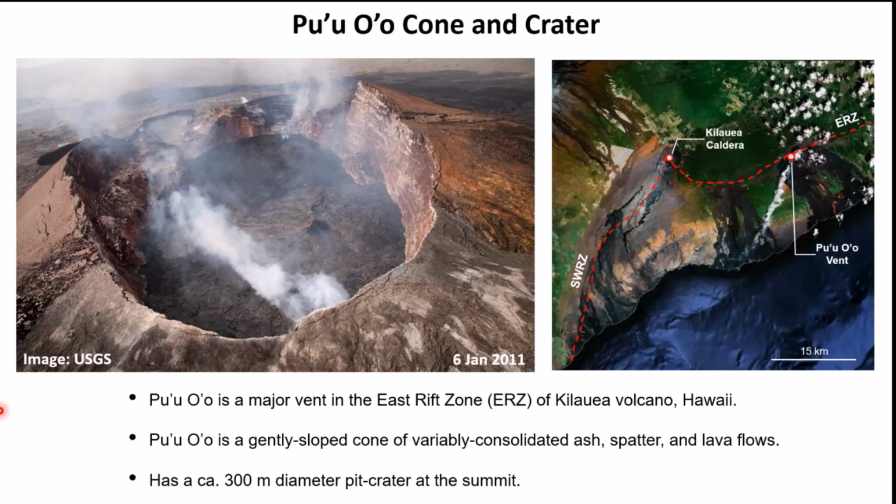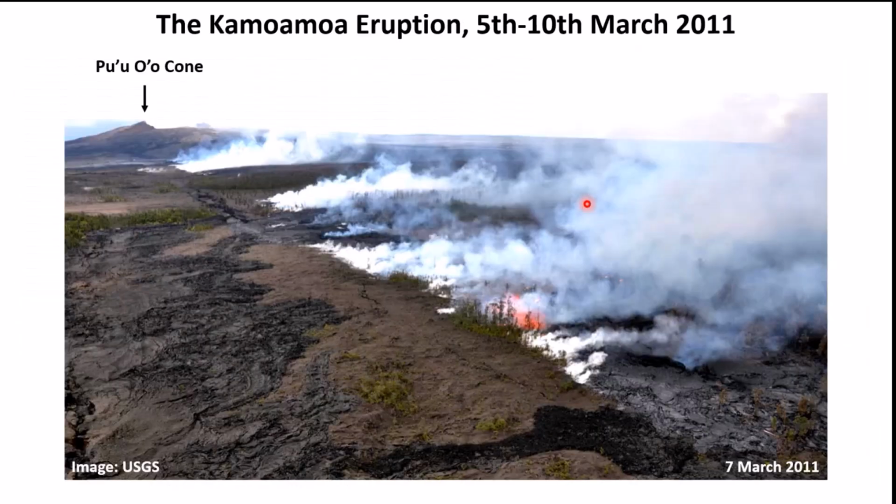That's a Pu'u 'Ō'ō cone, and on the map you can see it's east of the Kilauea caldera. It's a relatively small caldera with a diameter of 300 meters, and it has been active for quite some time.